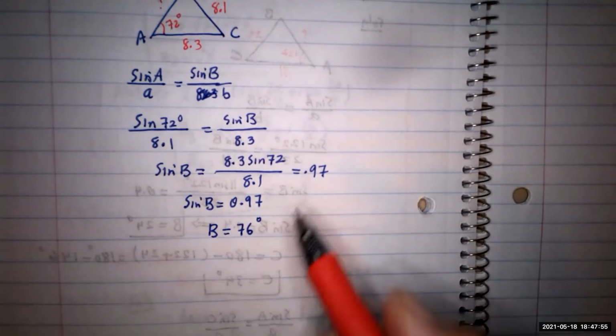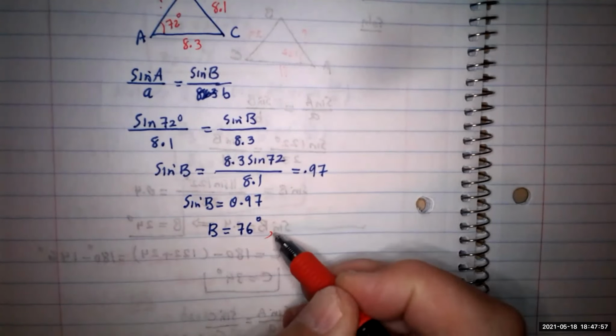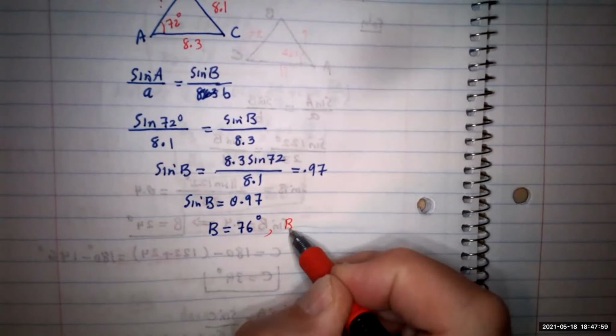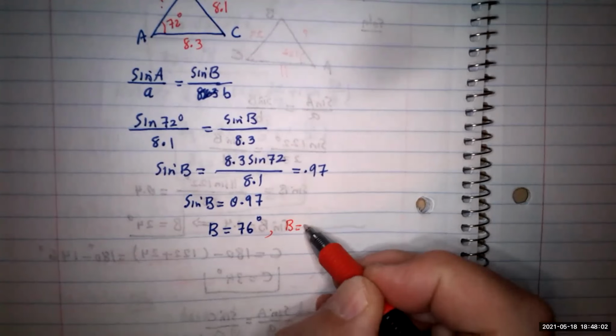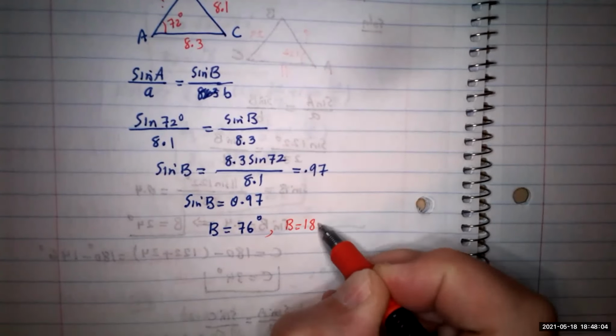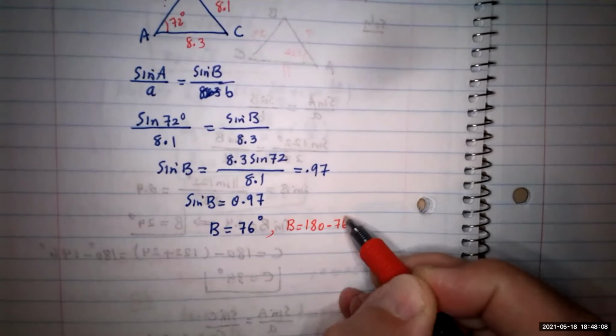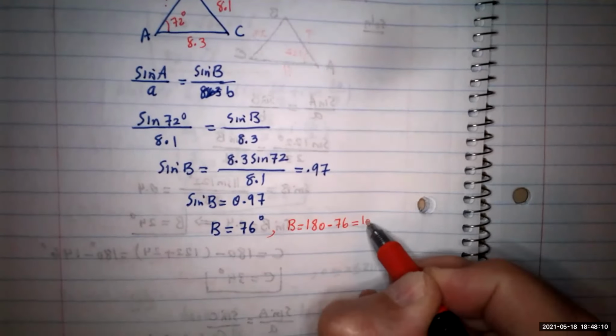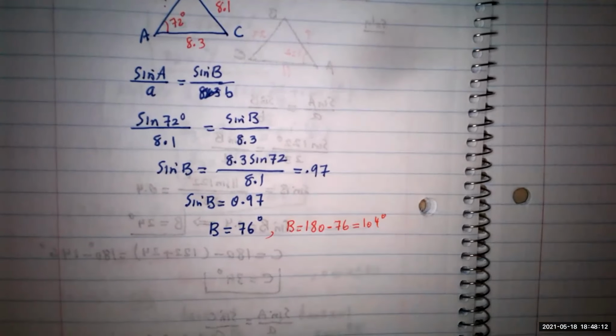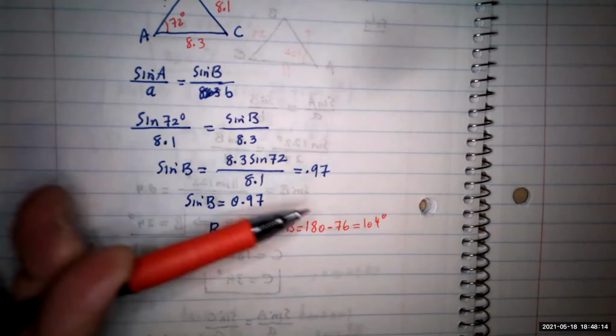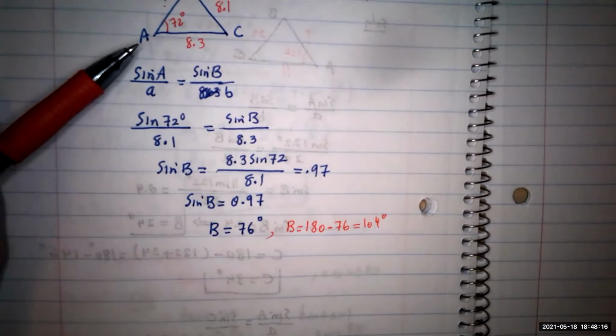So what's going to be the second solution? The second solution is another B, which is going to be 180 minus 76. And this is going to be 104 degrees. You check, you see 104 and 72.